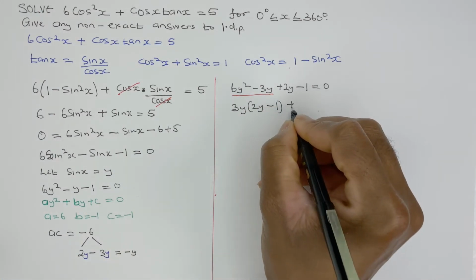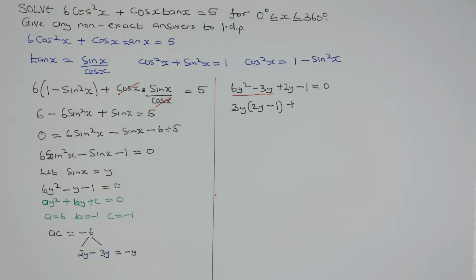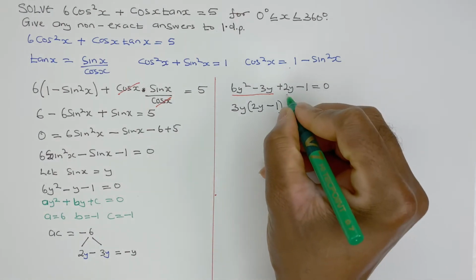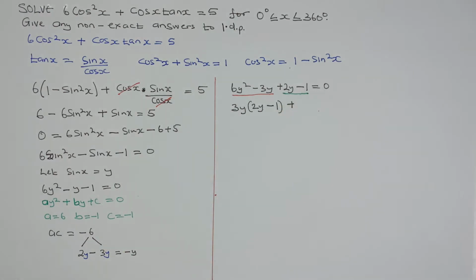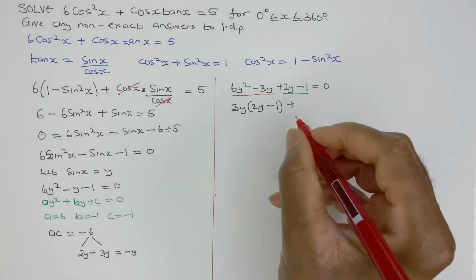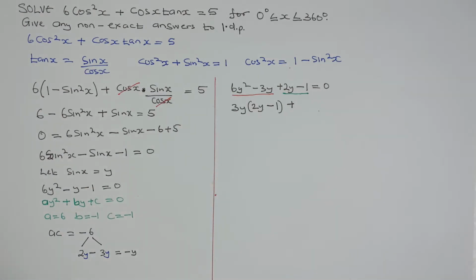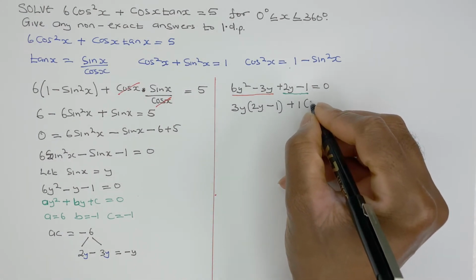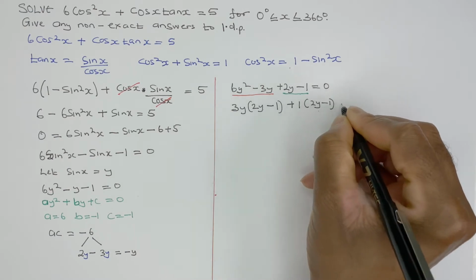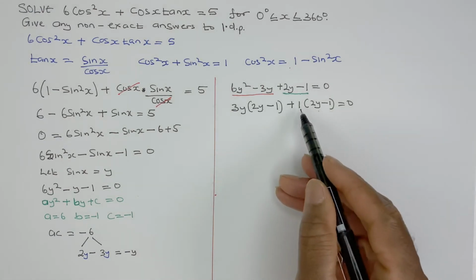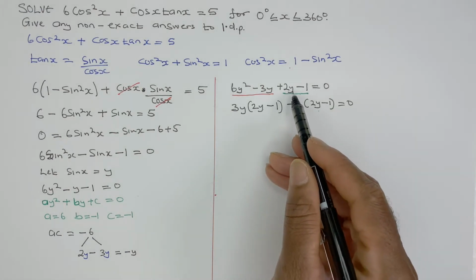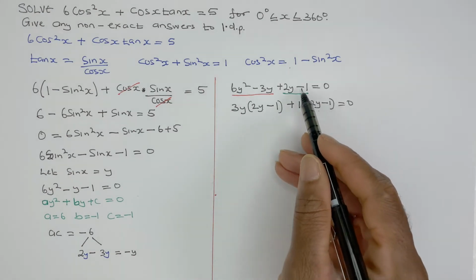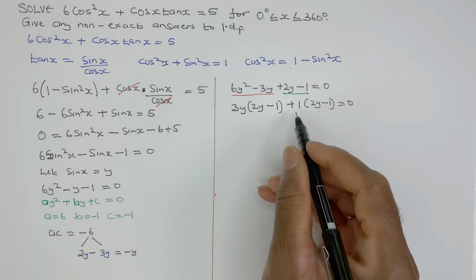And then, what's common between these 2? It might not be so obvious, but 1 is common. If I take out 1, I'll just put 1 there. So that'll be 2y minus 1, because 1 times 2y is just 2y, and 1 times minus 1 is minus 1.